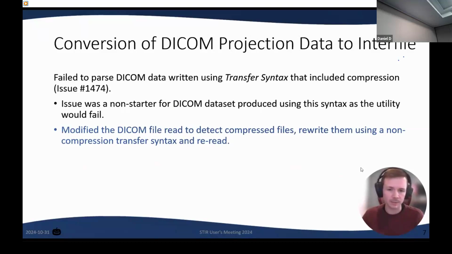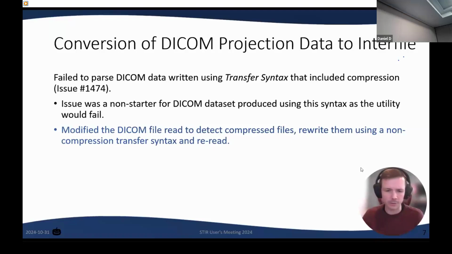We implemented a change to address this issue, where we would attempt to read the DICOM data set. If we failed, we would check the transfer syntax and see if it corresponded to a compressed syntax type, in which case we can use the existing tools included in the ITK library to rewrite that file in a non-compressed transfer syntax and then reread it back into the system.